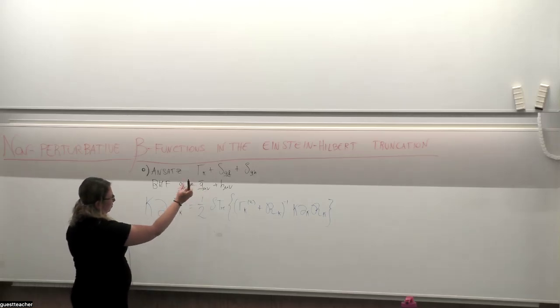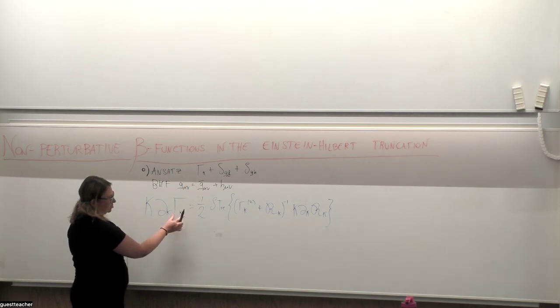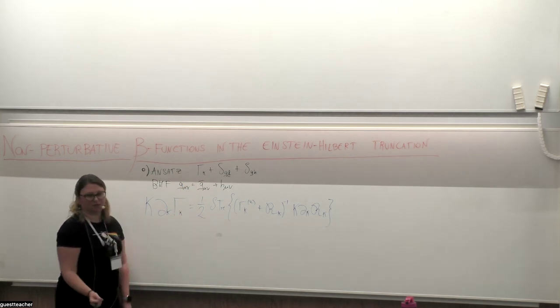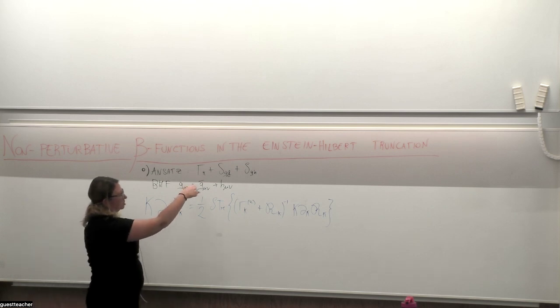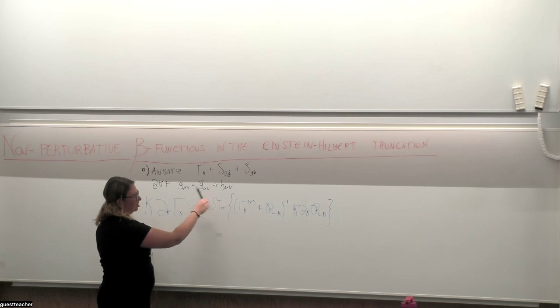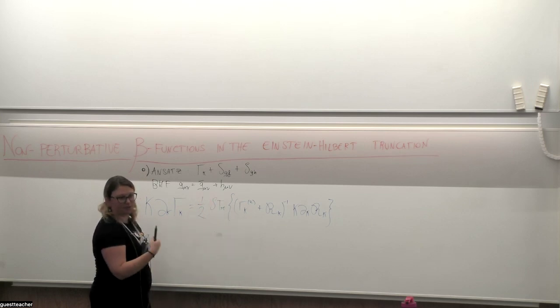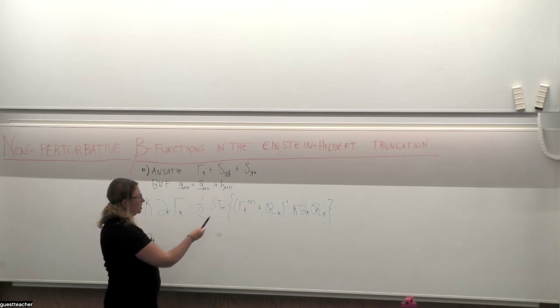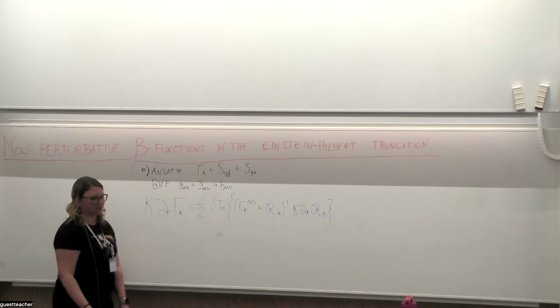It means that one expands the action and therefore also the second variation around this background. And in order to compute this, we need to have the second order form of the action in the fluctuation field.